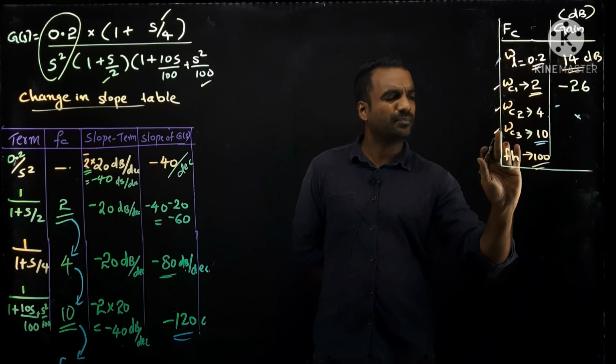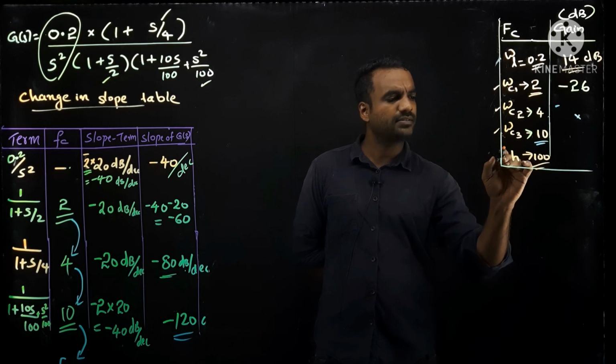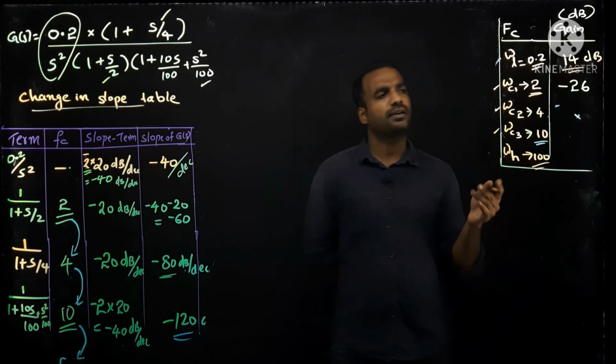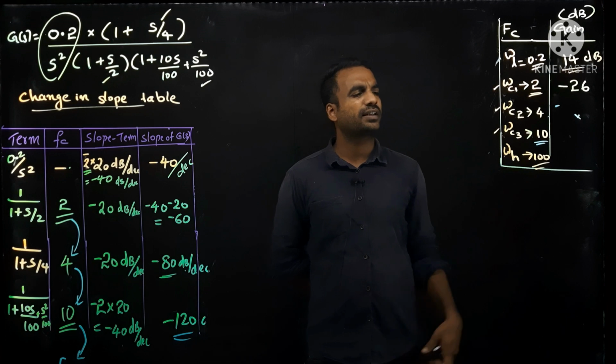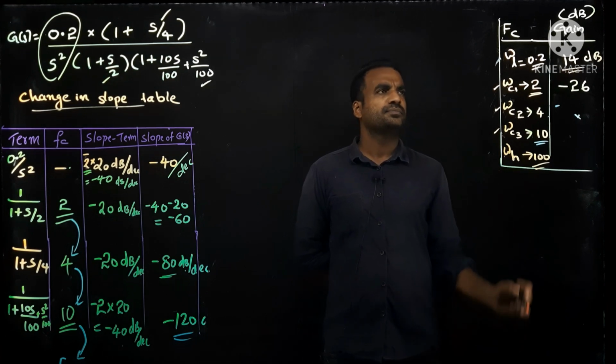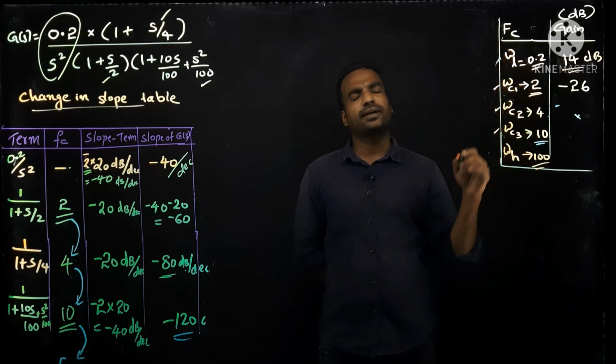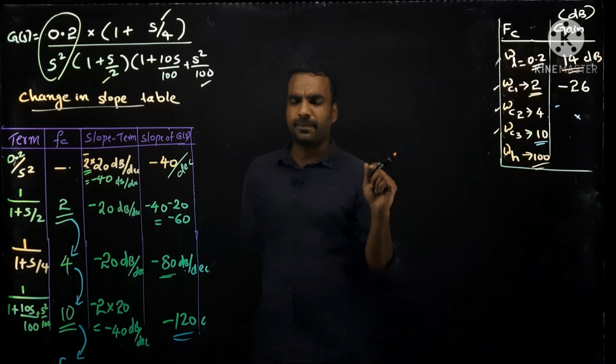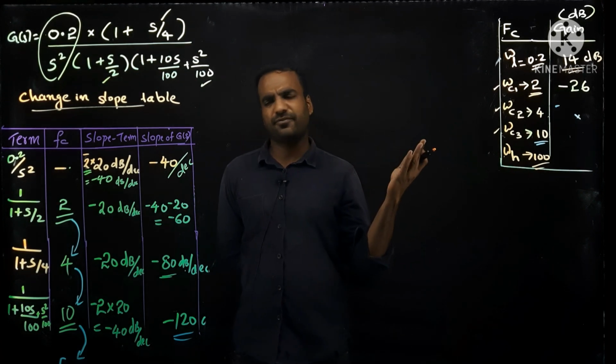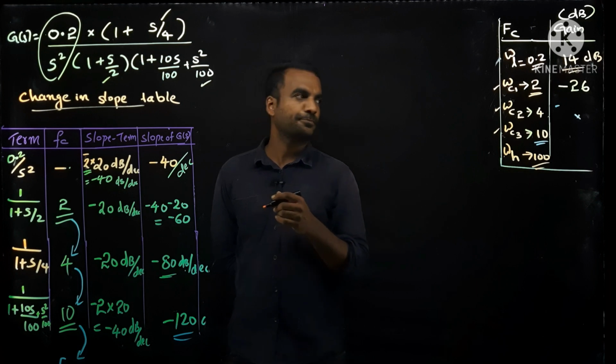That's why both are right, nothing is wrong, but in textbooks they are always taking omega as the notation. So corner frequency is omega C1, omega C2, like that. Omega is a better notation, or if you want F, you can take that also. Okay.